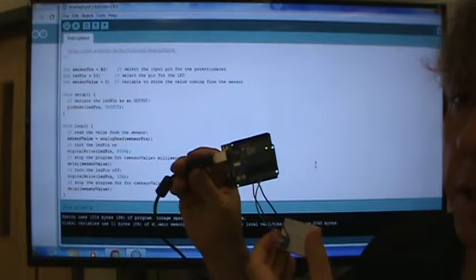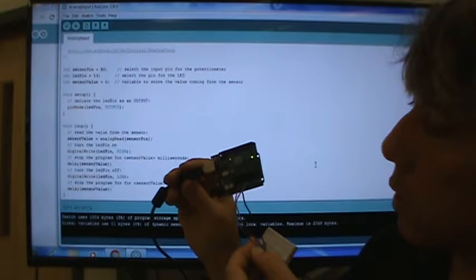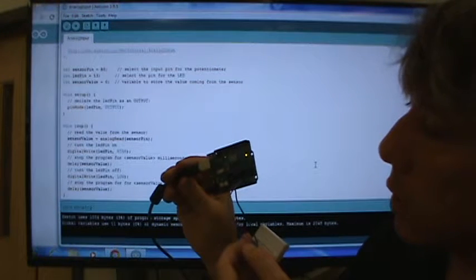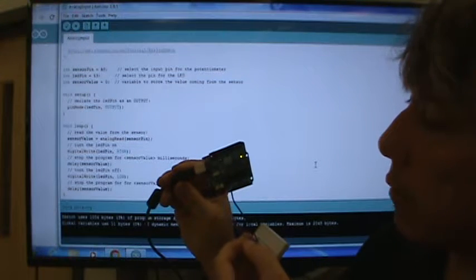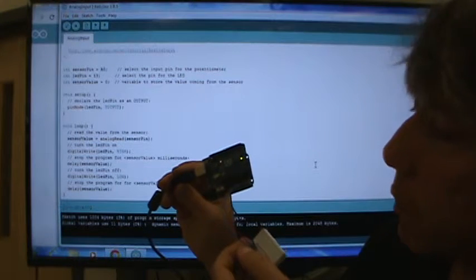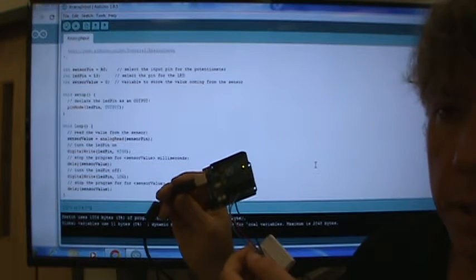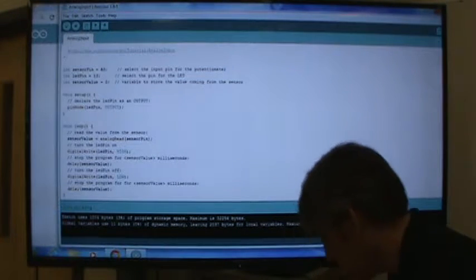That's because it's turning on and off so fast that my eyes can't see it pulsing. Okay, and as we turn up the potentiometer, in other words, to get a higher and higher voltage on the pin, what happens is the LED flashes slower. Okay, so that's how you can get an analog signal into the Arduino.